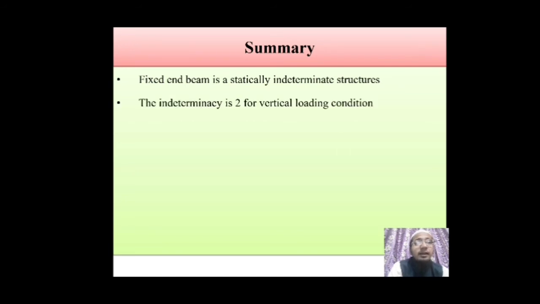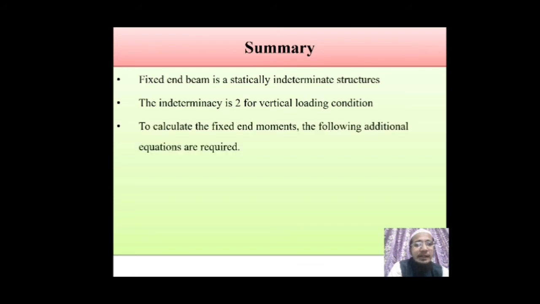Now, let us summarize what we have learned in these 2 sessions of lecture 6. Fixed beam is a statically indeterminate structure, and the indeterminacy for such a beam is 2 for only vertical loading condition.